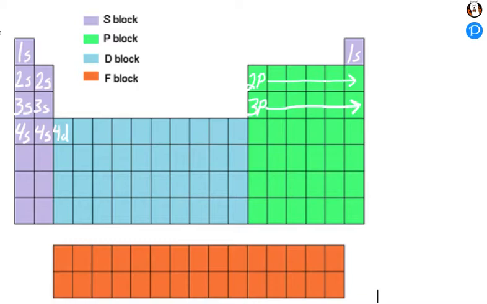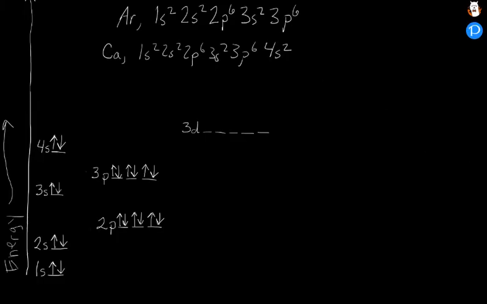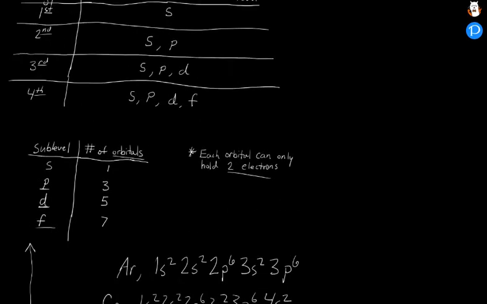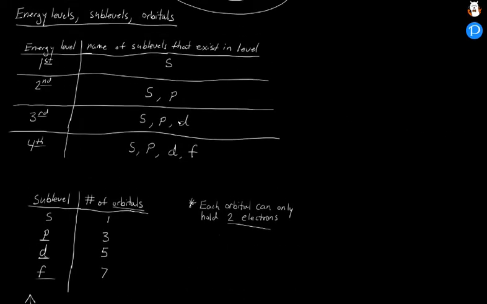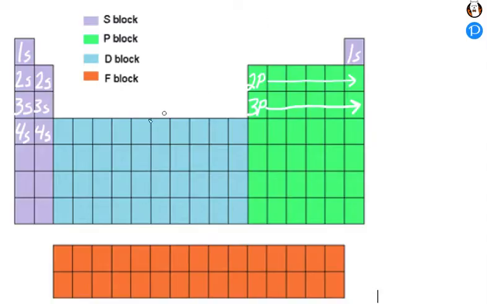But remember what we talked about in the previous video, where does that d orbital first show up? That d orbital first shows up in the 3rd energy level. It shows up in the 3rd energy level first. And so over here, what we would see is that this would be the 3d.